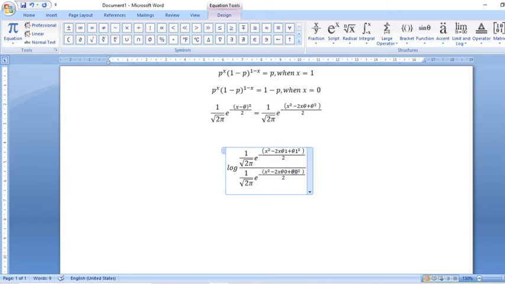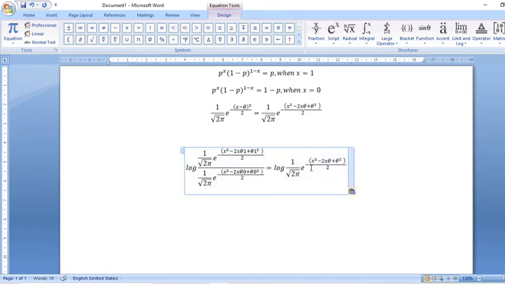When you take the log of theta naught, it will become minus. This will be equal to log of, this is minus.